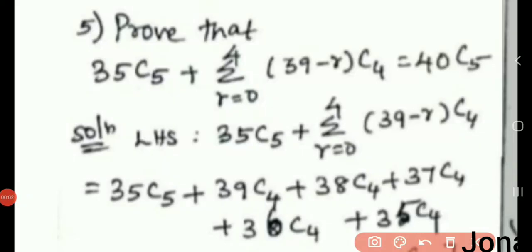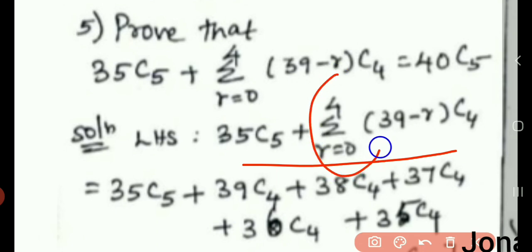Fifth sum, prove that 35C5 plus the sum over r equal to 0 to 4 of (39 minus r)C4 equal to 40C5. Here also I want to take the left hand side: 35C5 plus the sum over r from 0 to 4 of (39 minus r)C4. Here this sigma is summation of r from 0 to 4, so I expand it.